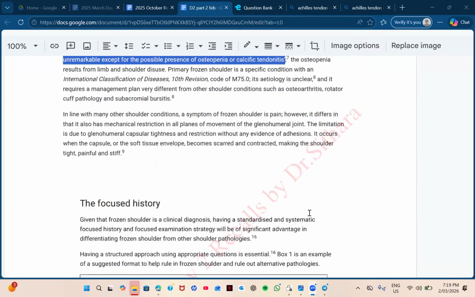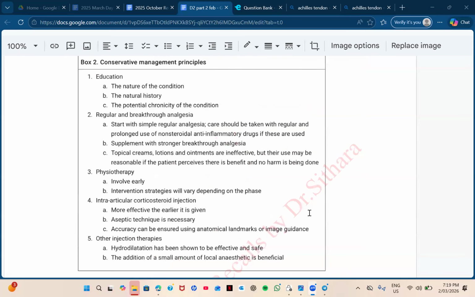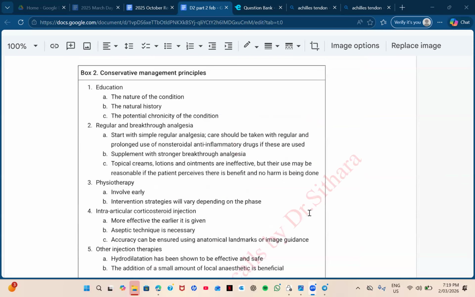So then let's discuss the management. What is the usual conservative management? What are the principles we have? First of all, we have to educate the patient about the nature of the condition, the natural history, and the potential chronicity of the condition. And regular and breakthrough analgesia, because there's pain, right?